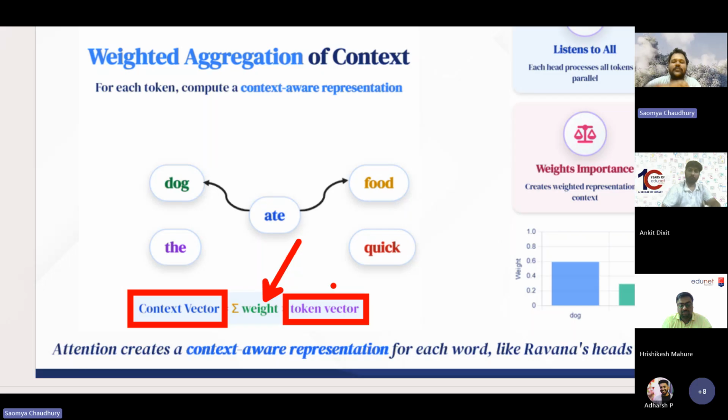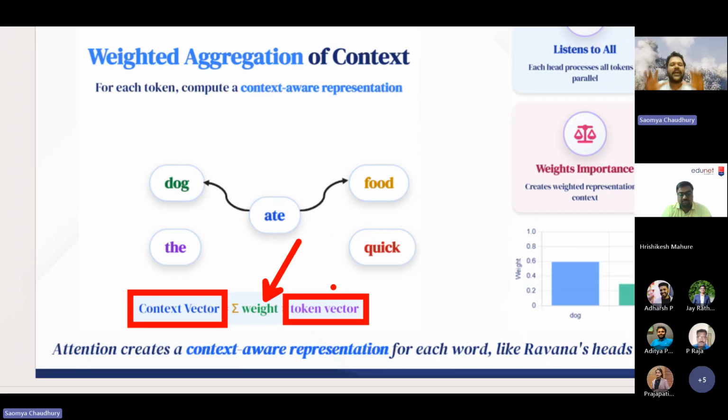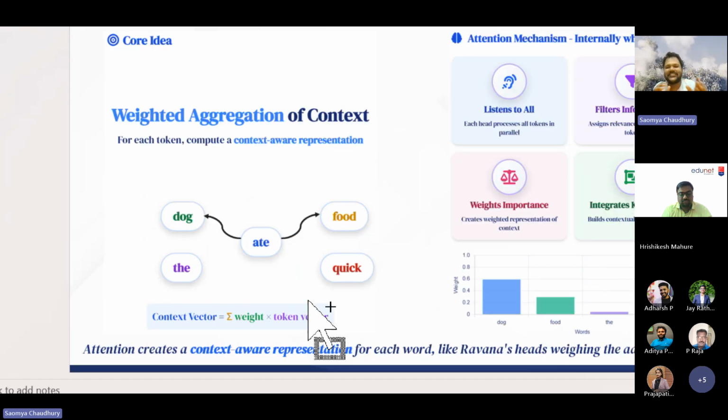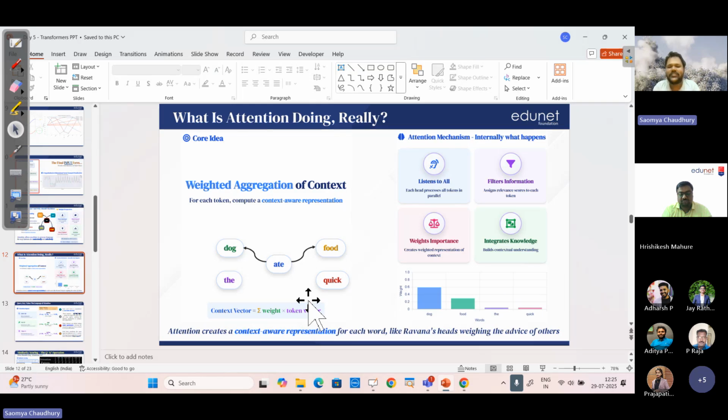You have individual tokens, you pass them through it, and then you do some kind of operation in that giant head of yours, and get something called a context vector, meaning things which can talk about what it is all about. Do you get it? So you're doing some kind of operation to get that. Yes or no? Got it? Easy to understand this now a little bit. Perfect. Thanks so much, Raja sir.